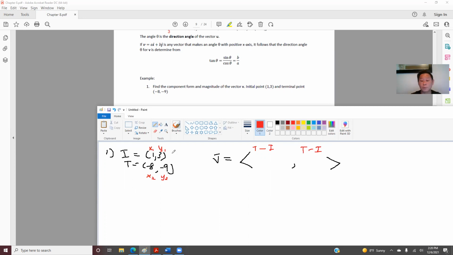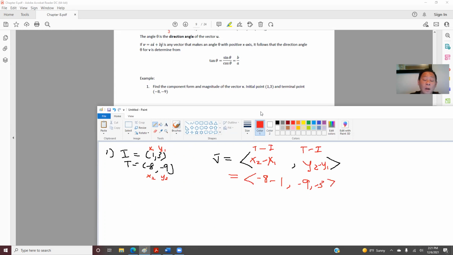If you flip this around, you will get it wrong. So terminal in this case is x2 minus x1, and then y2 minus y1. You just replace the numbers. x2 in this case is -8 minus 1. y2 in this case is -9 minus 3.